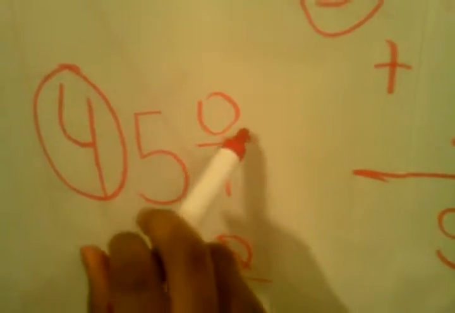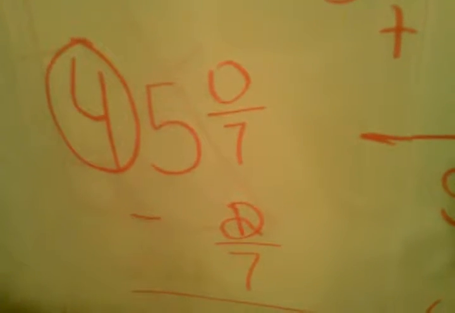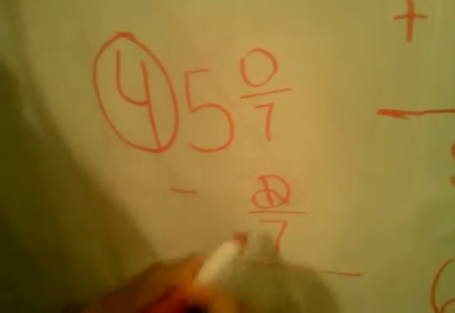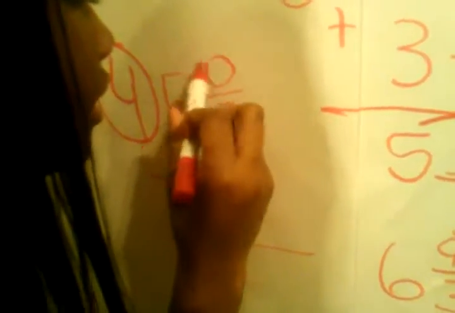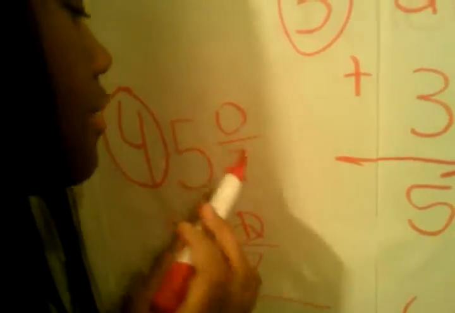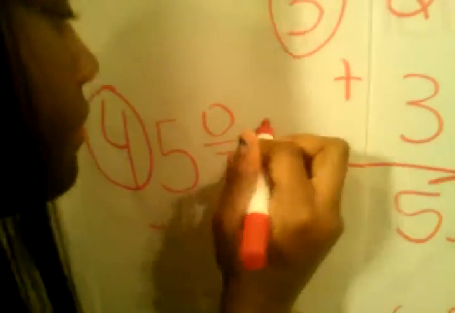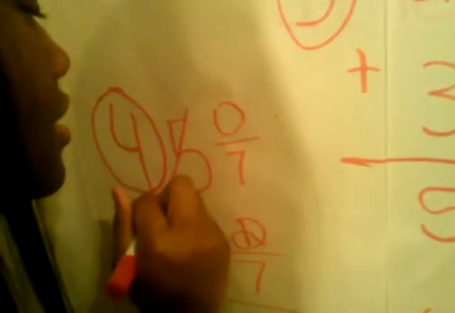Okay, number 1, you have to make it where, because this top number can't be 0, you have to take from here and make this a 4.